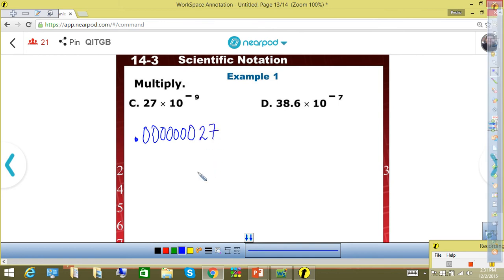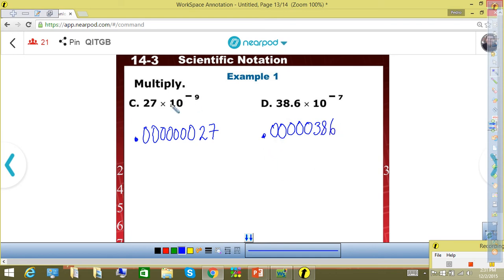Hands up if you got that. That is correct. How about this next one, Antonio? Hold on. Point. How many zeros? 4. 1, 2, 3, 4. 5, 386. Hands up if you got that.